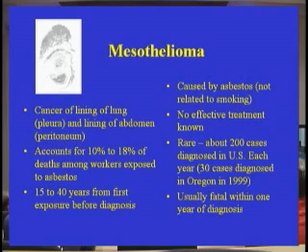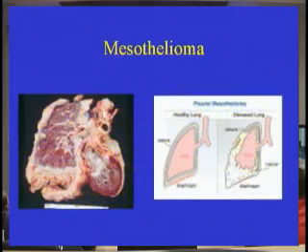Because of the needle shape, those needle fibers go to the lining and it produces the inflammation, and occasionally it can produce cancer. It tends to be a very fatal cancer. It's a very rare cancer. And this is just a picture of the lining of the lung at autopsy, and that whole lung is encapsulated by tumor from the mesothelioma.